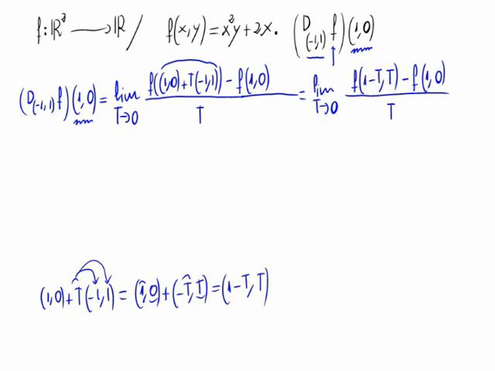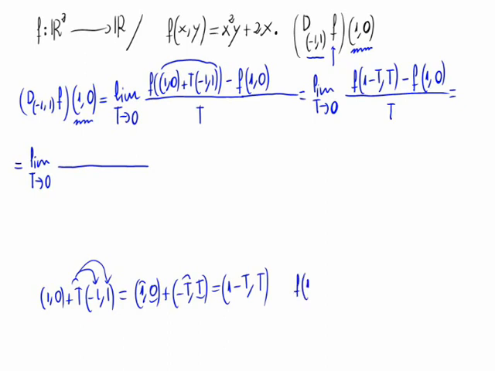divided by t, and this would be equal to the limit when t approaches 0 of, first let's calculate the elements we have on the numerator.